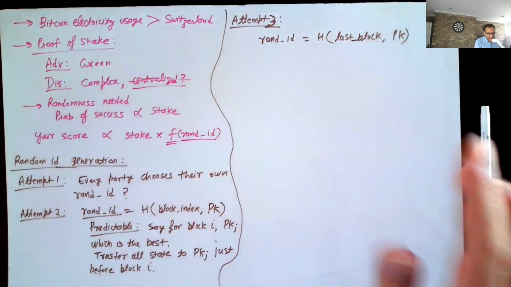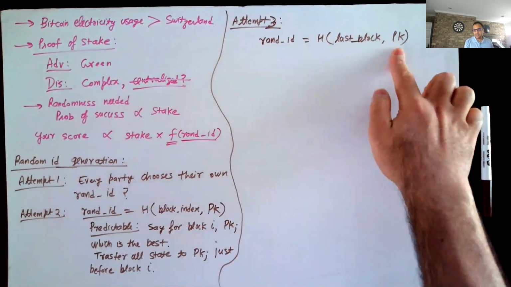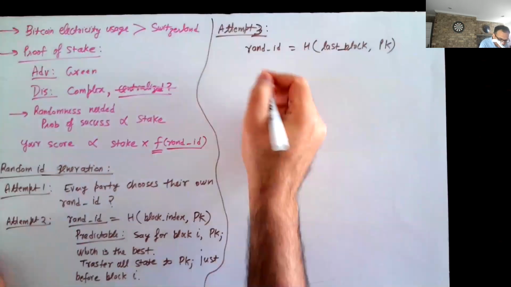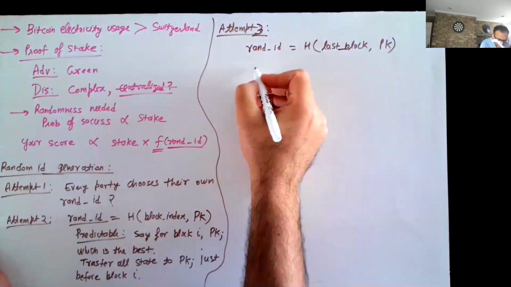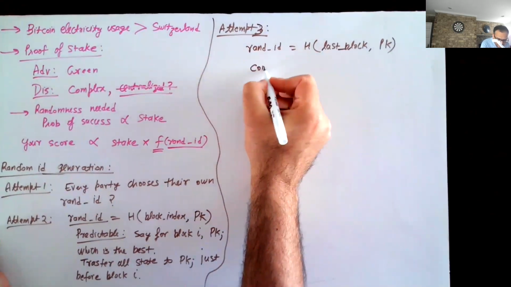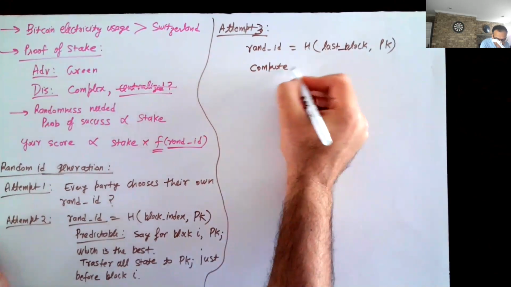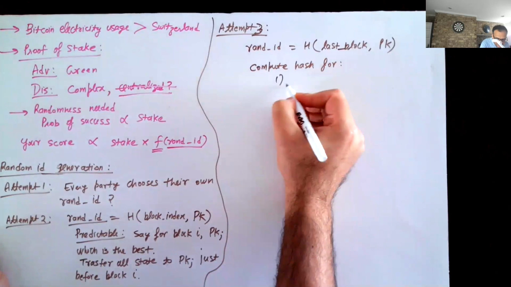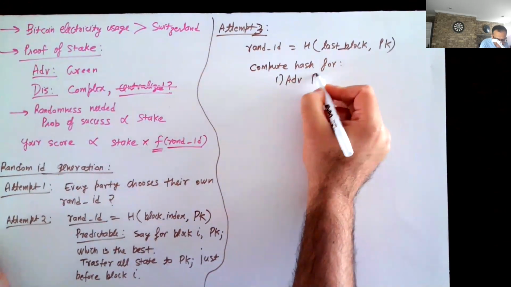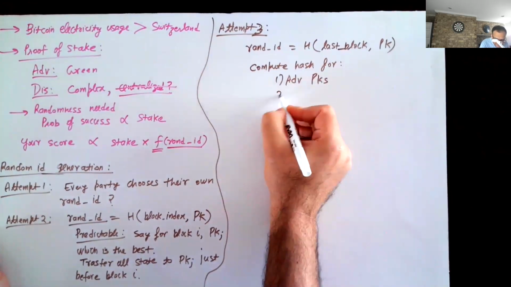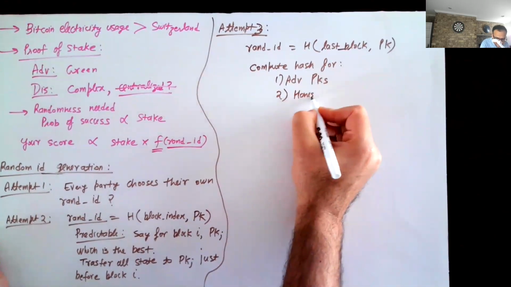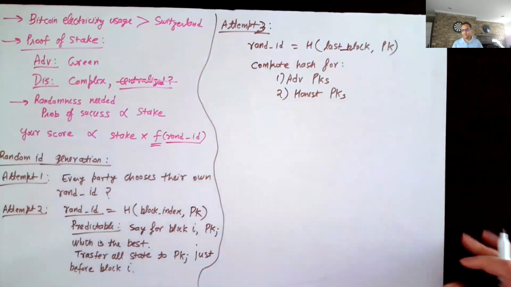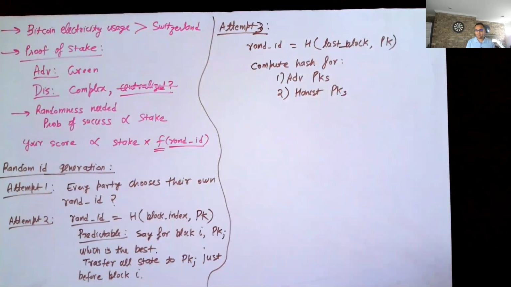You can compute the hash for your public keys as well as for the adversary, as well as for honest public keys. So compute the hash for number one, adversary public keys, and second, honest public keys, and then see how it's playing out.